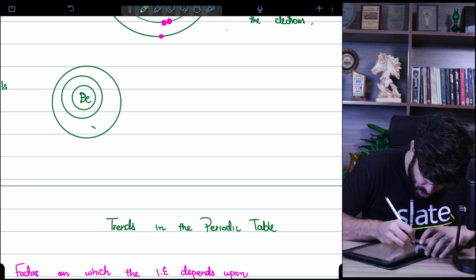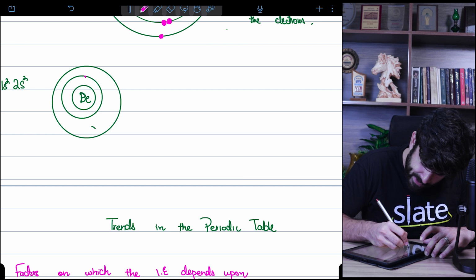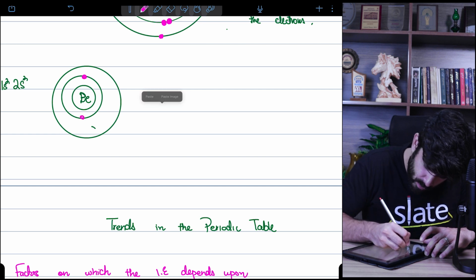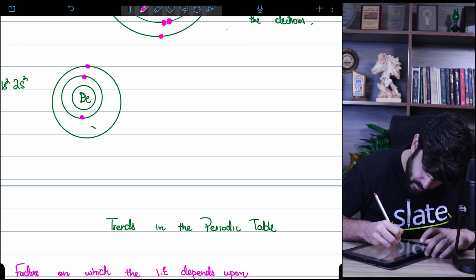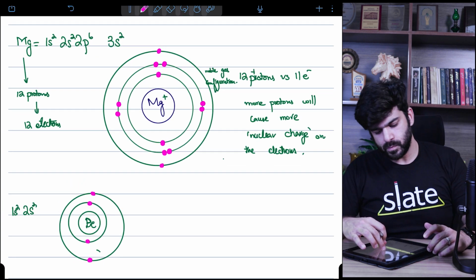Beryllium has an electronic configuration of 1s2, 2s2, the same period as magnesium, group 2. Now let's compare these two.